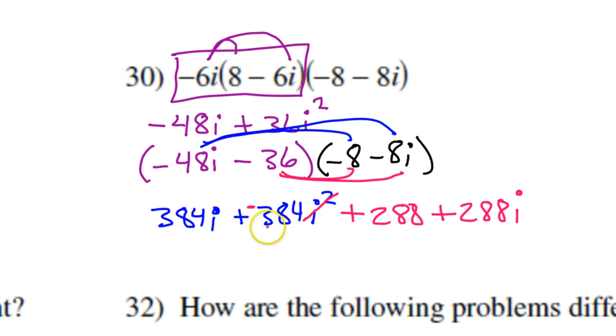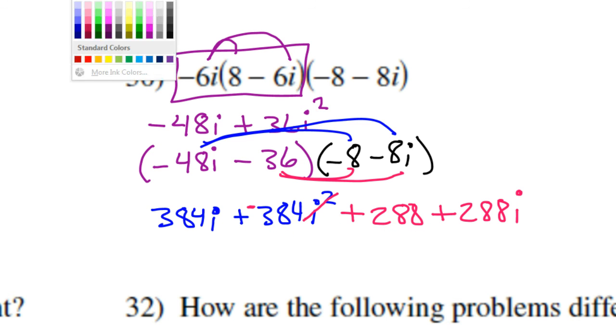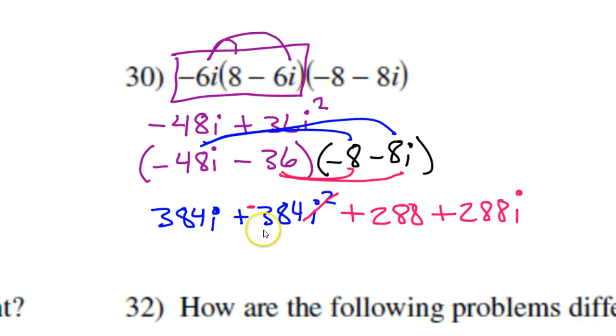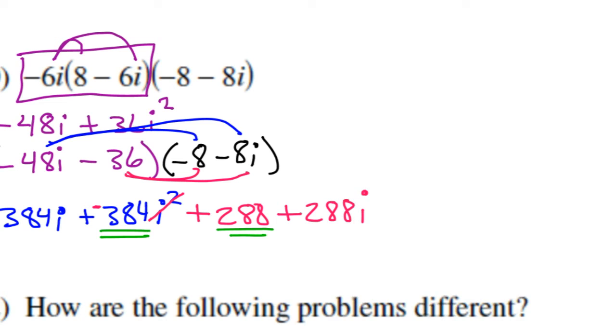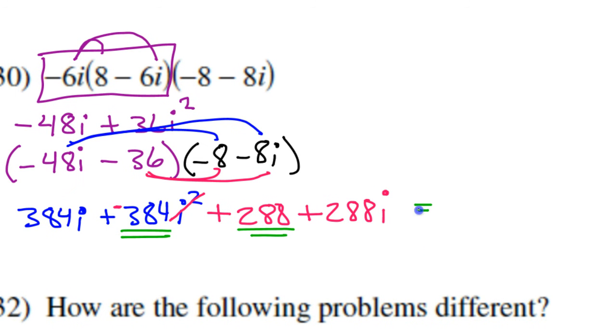So combining like terms. I've got my negative 384 and my positive 288. Negative 384 plus 288 is negative 96.